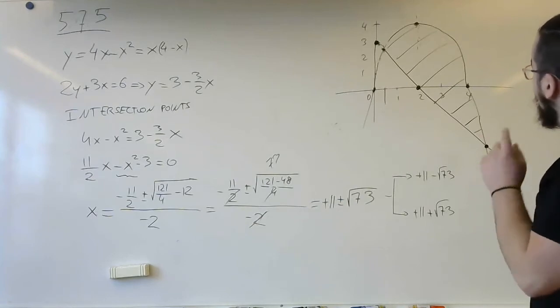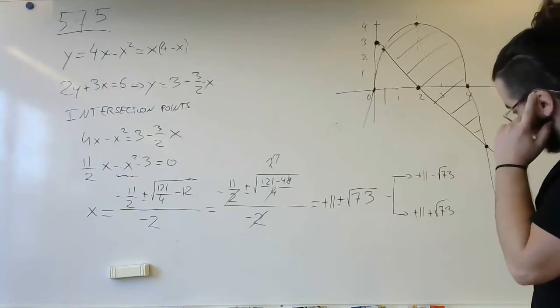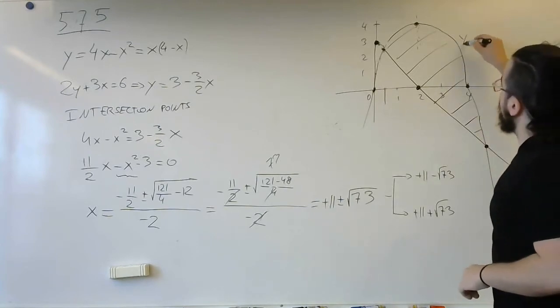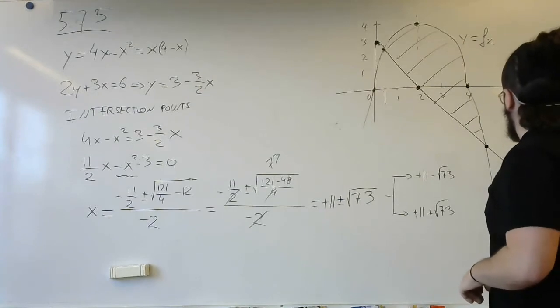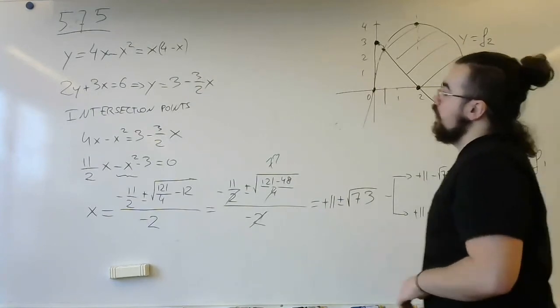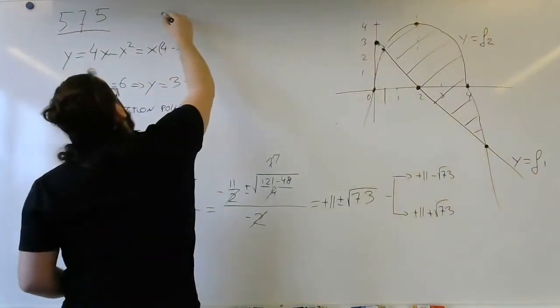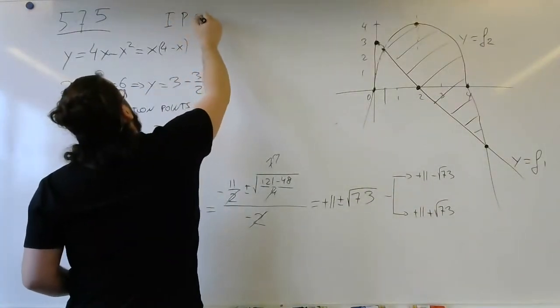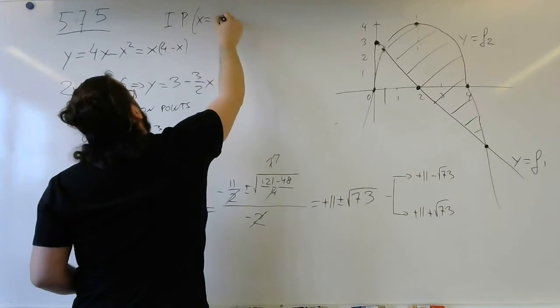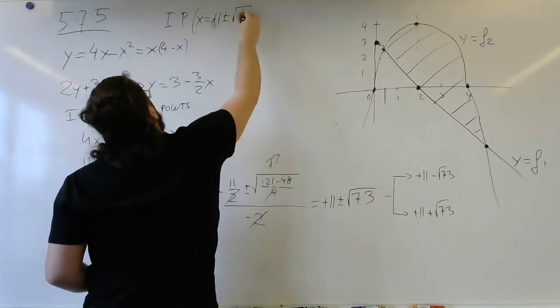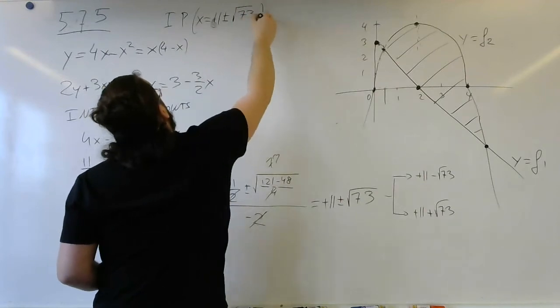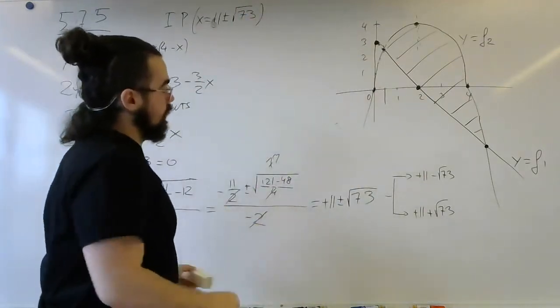So the area trapped in this function, let's call this F2 and let's call this F1. I'm going to write my intersection points here. Something like this.